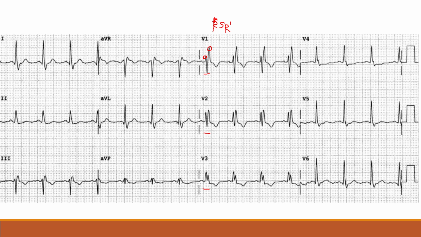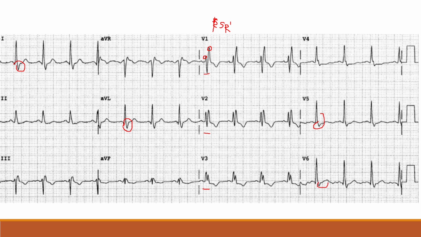Not only from V1 to V3, we can also see from lead one there's a slurred S wave. Also, we can find a slurred S wave here, and also in V5 and V6.